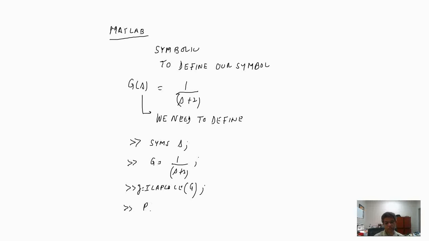That means it's in a printable format. I'm going to put this, and you will see that MATLAB is going to give you the answer e to the power of negative 2t, which is indeed the inverse Laplace transform of that transfer function that was given to us.